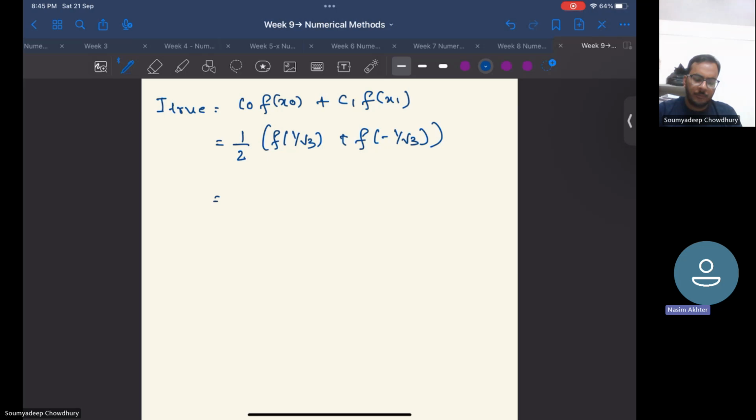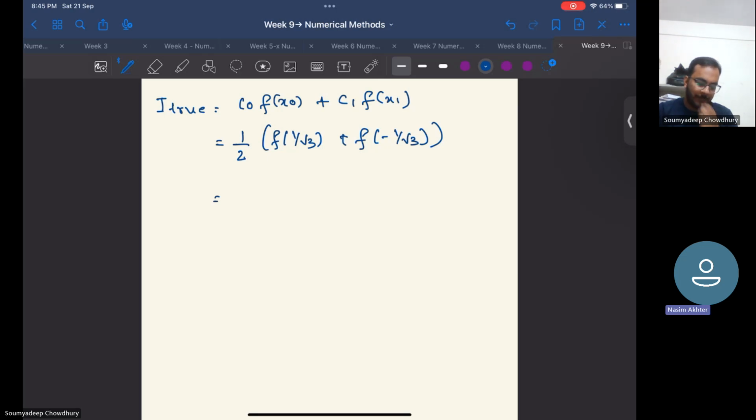In the second, it means half multiplied by f of minus 1 by root 3. Yes, I've given the bracket. In the second, C0 and C1 both are half now. Yes, I've given the bracket, that's why.